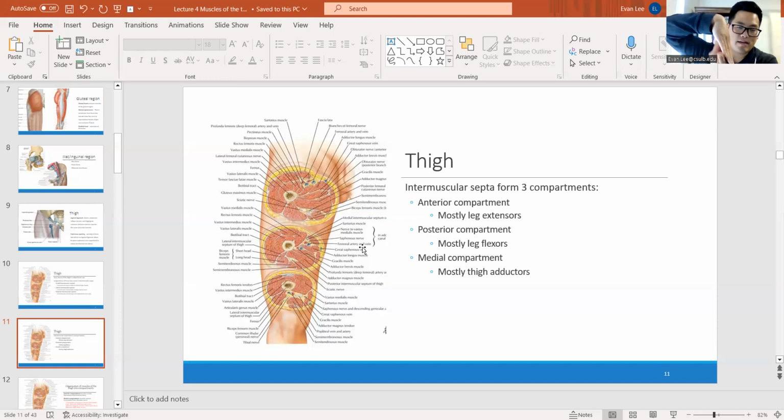But on the back of the thigh, attaching to the back of the leg, when these muscles contract, they will pull the leg and bend the knee to flex the leg instead, which will also be the same thing for the toes. So when you extend your toes, you're using muscles on the anterior side of the leg and vice versa, but it's the opposite for the leg and the toes.